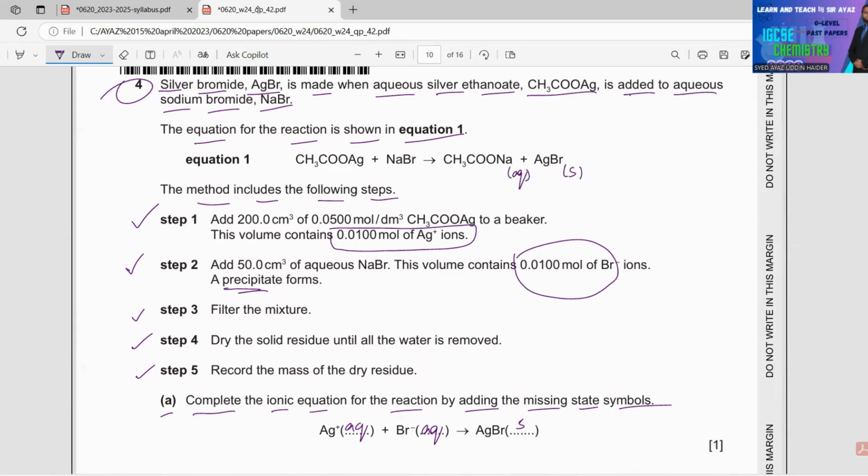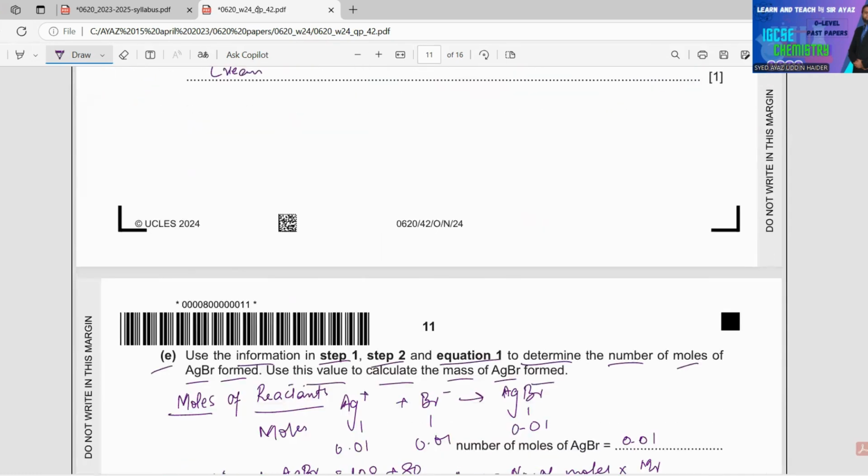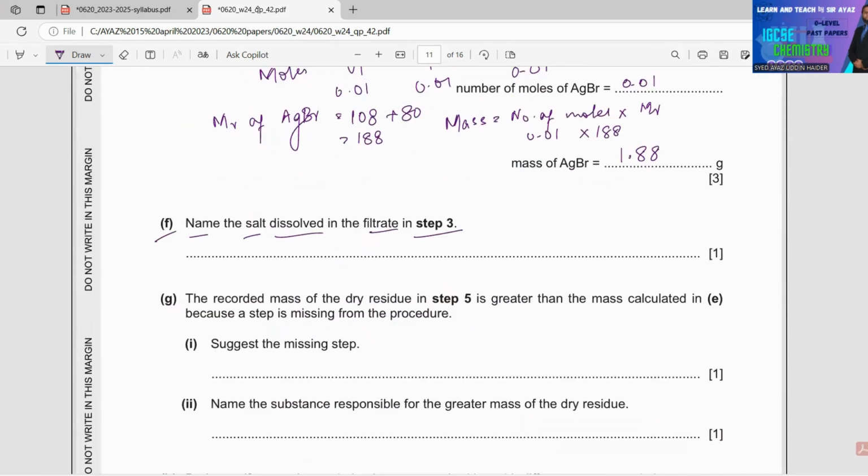It's silver ethanoate from the left-hand side producing sodium ethanoate. So it must be the one which is soluble. So you write sodium ethanoate.